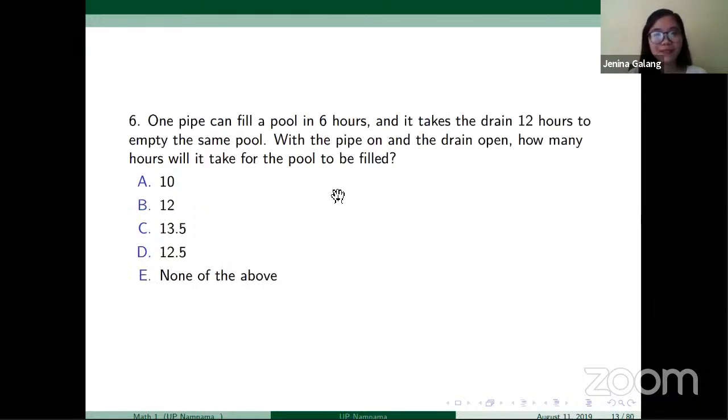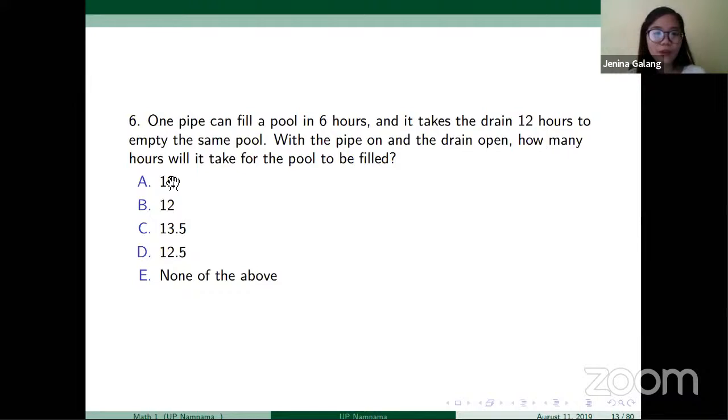Yun, mabilis ba? So next we have number 6. So one pipe can fill a pool in 6 hours and it takes the drain 12 hours to empty the same pool. With the pipe on and the drain open, how many hours will it take for the pool to be filled?